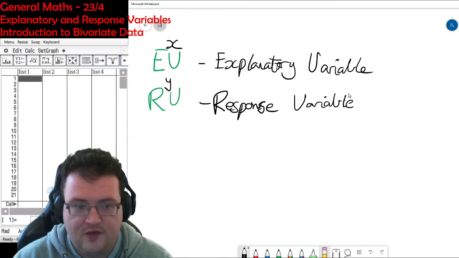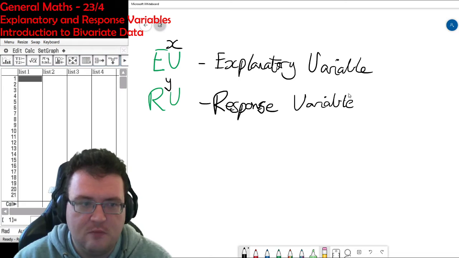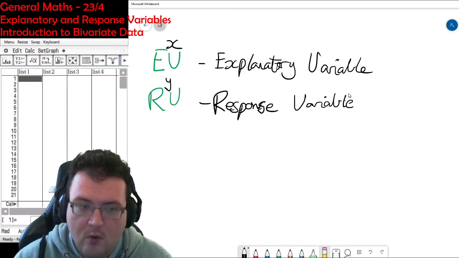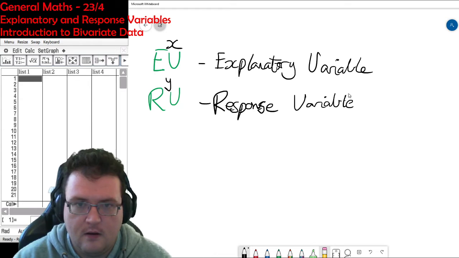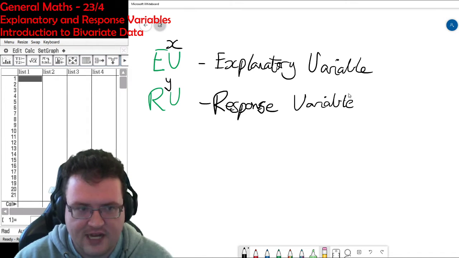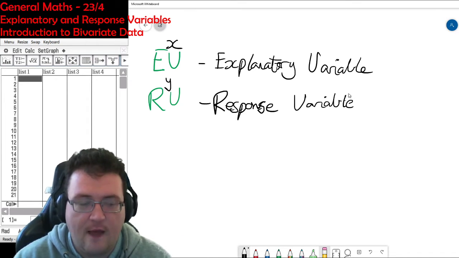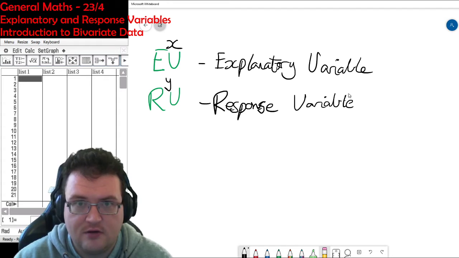I think we can all generally assume that a student who studies for more will generally get a better result. So how do we represent bivariate data? The way we do that is with a scatter plot.